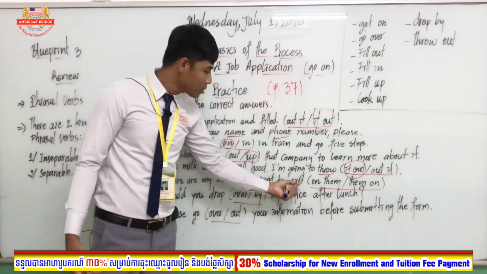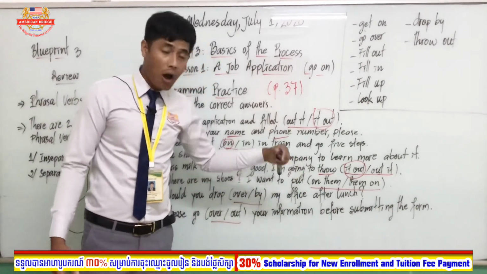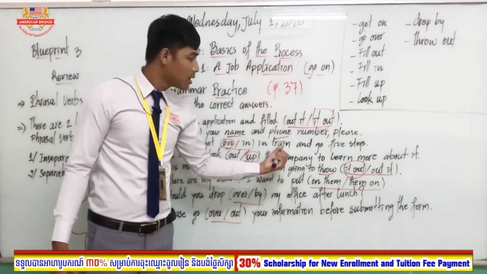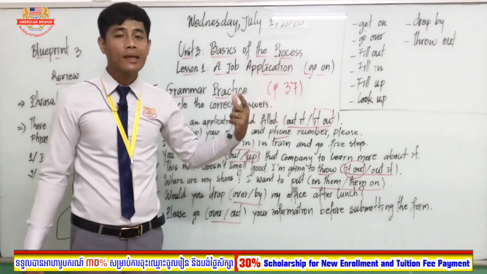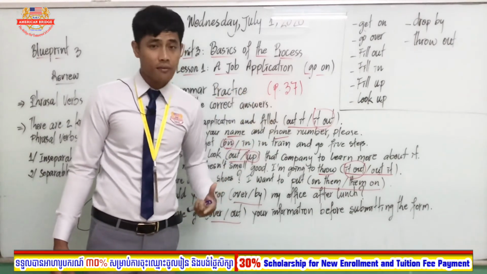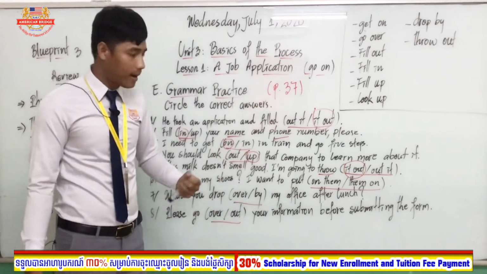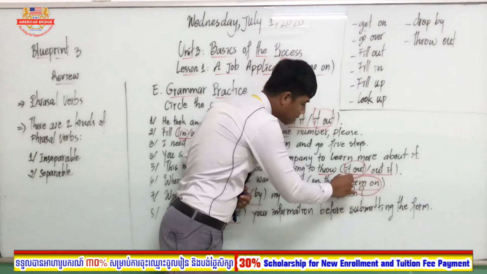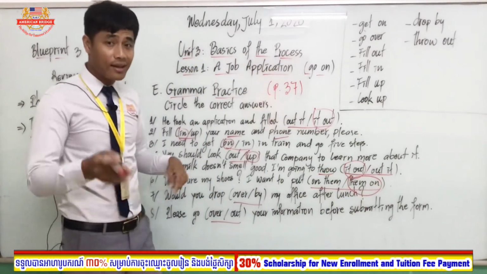So I want to put them on or put on them. You have to know whether put on is an inseparable or separable phrasal verb. It is separable, so it should have the object between the words.